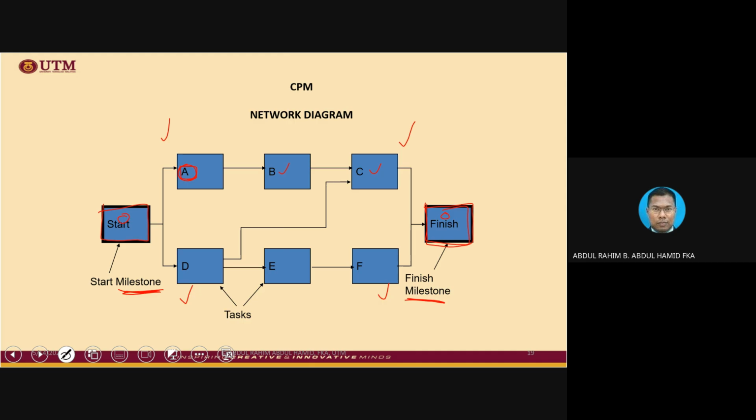But dummy activity we use in arrow diagram only, whereas the start milestone and finish milestone we normally use in a PDM diagram, in order to properly connect all the activities in the network diagram, so that we do not have an activity that hangs either at the beginning or at the ending.